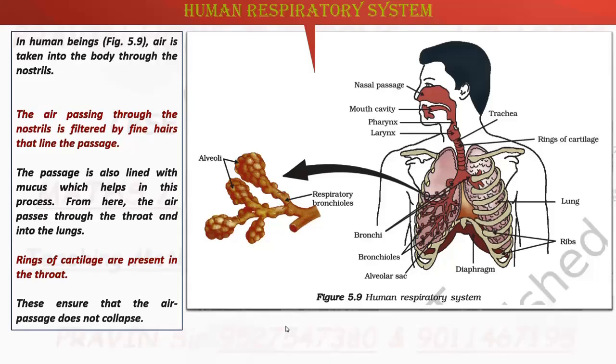Hello friends, welcome back. In this video, we will study the human respiratory system. What are the different organs in the human respiratory system? The figure is shown on screen.